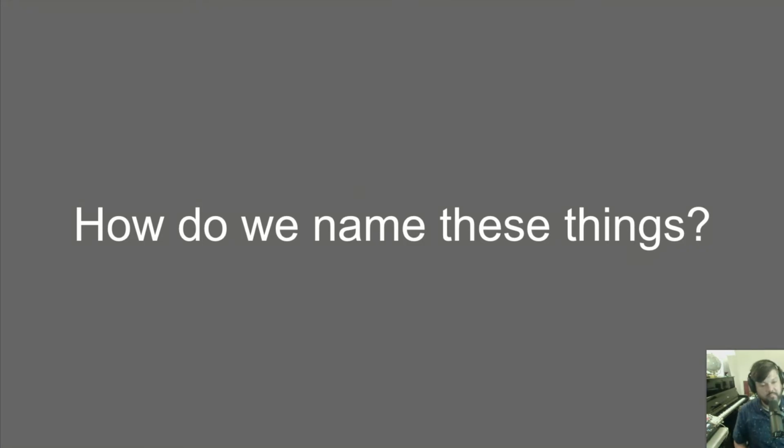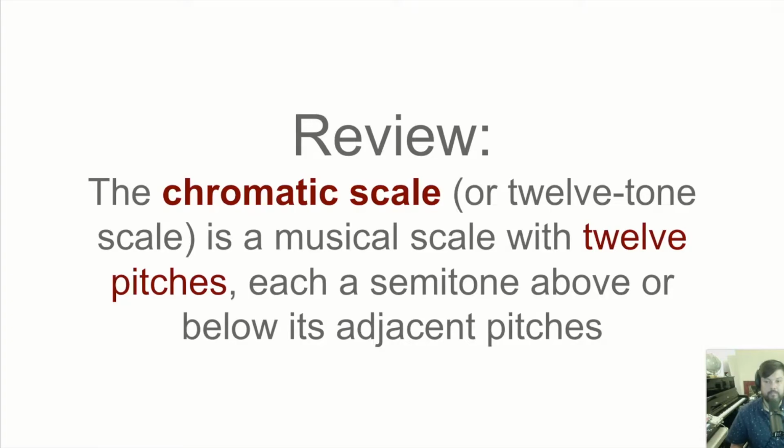Okay, how do we name these things? How do we name these things as I set my guitar down? Well, first we just need to review quickly, right? In our last lesson, we talked about the chromatic scale, or the 12-tone scale, being a musical scale with 12 pitches, each a semitone above or below its adjacent pitches, right?